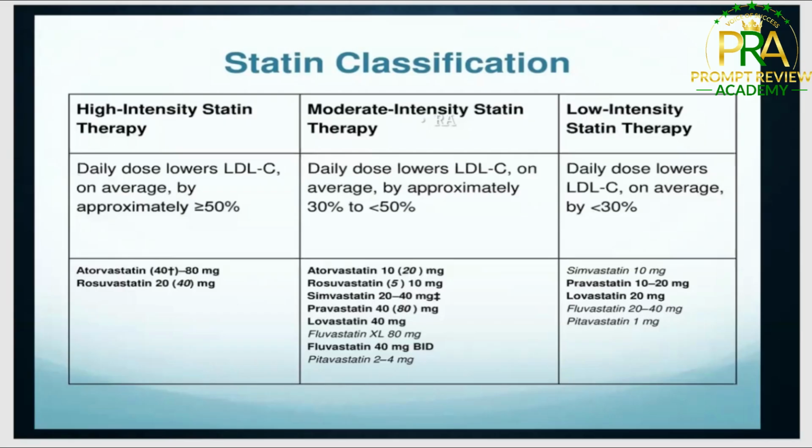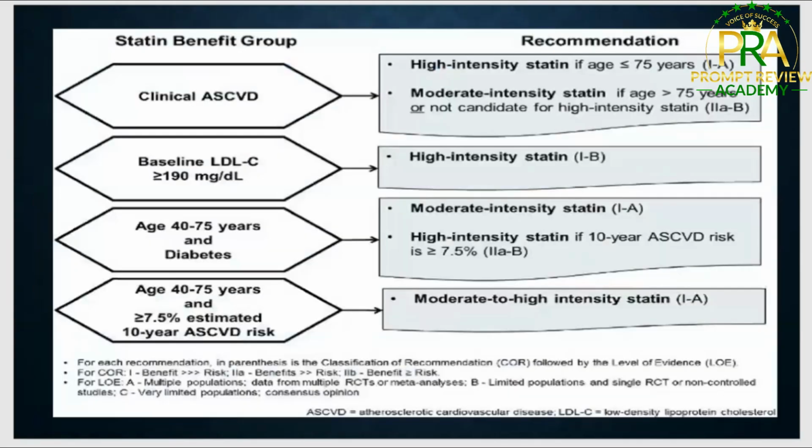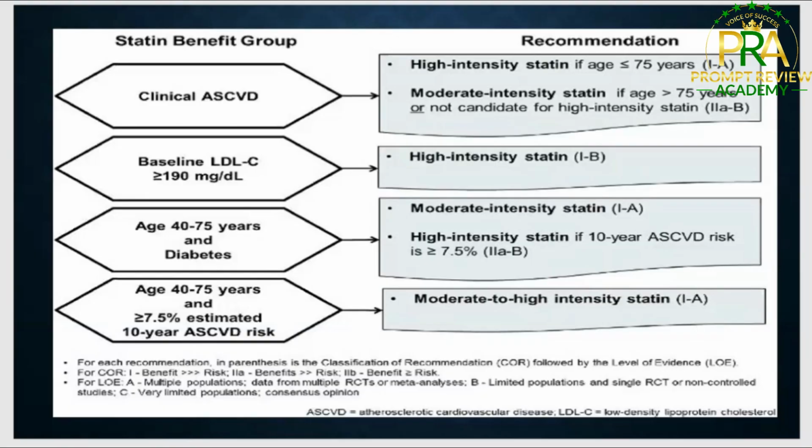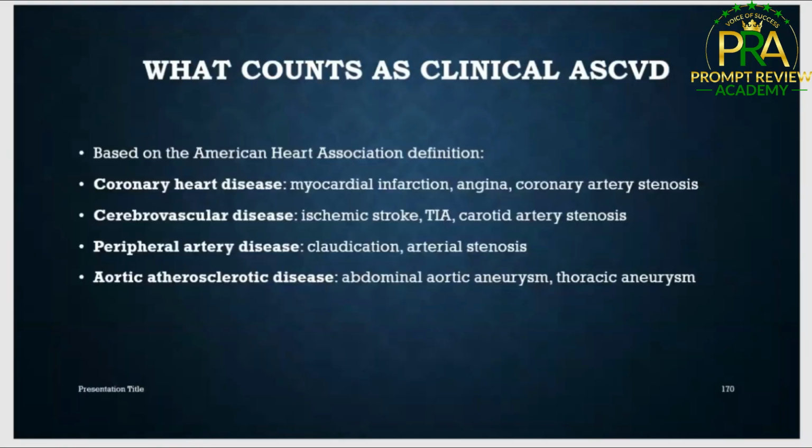Then another frequently asked question is, how do I know if I will give low intensity, high intensity, or moderate intensity? And that is the statins benefit group. It's under four categories. The first category is what we call clinical ASCVD. So this clinical ASCVD, they are people that have, for example, heart attack, stroke, any of those, peripheral artery disease.